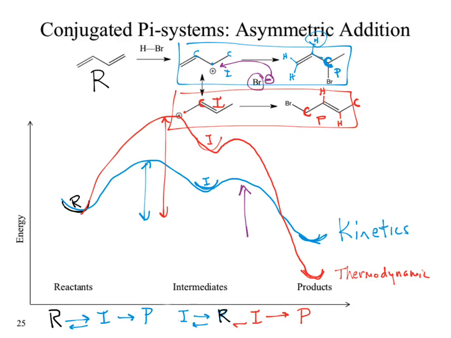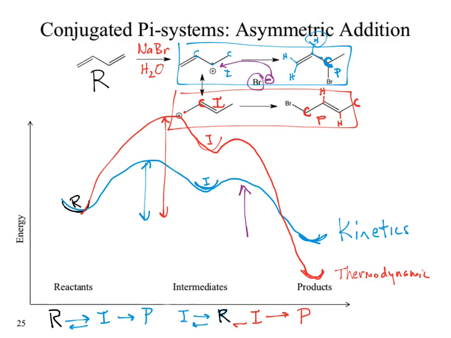What if instead of using HBr, I switch to sodium bromide and water? Do I still have the nucleophile? Yeah.